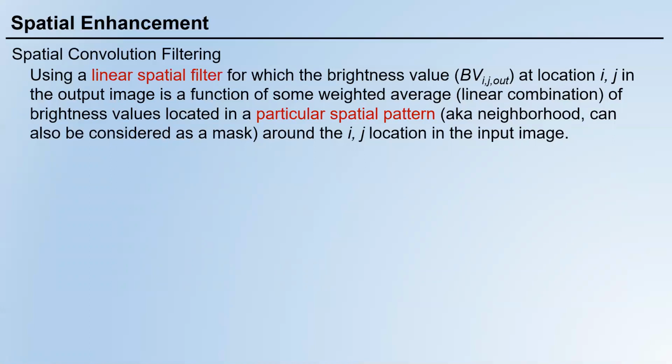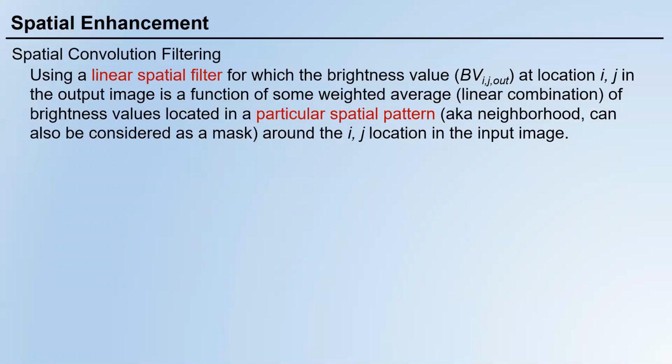Under the concept of spatial convolution around the ij location in the output image, when we apply a spatial convolution filtering process to an image, each pixel's value will be recalculated based on its neighborhood, or its neighboring pixels.